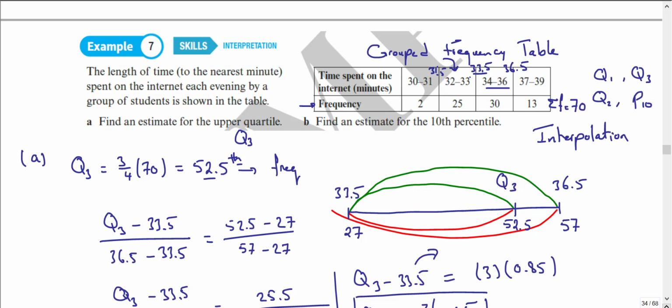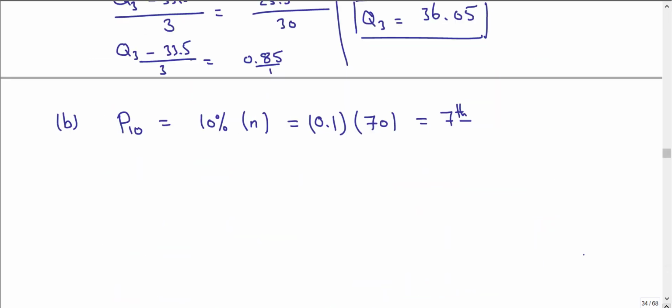We already wrote it here. You see this? To find the interpolation, you write the class boundaries, 31.5 and 33.5. Our P10 should be somewhere here. That's P10, the 7th value.